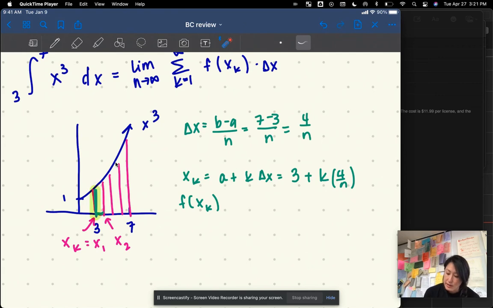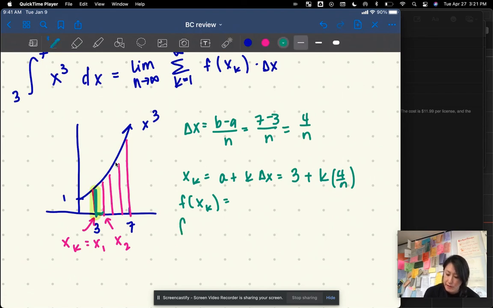Okay, then the next height is going to be like 2k, so you're adding 2 delta x's. 3k would be like 3 delta x's. So it tells you how many delta x's to add to your starting value. Okay, so to get the height, we do f of x sub k.